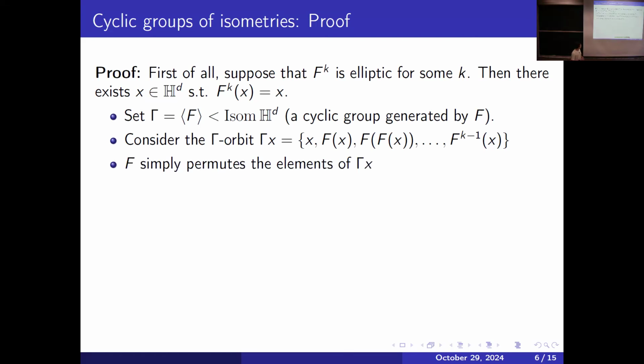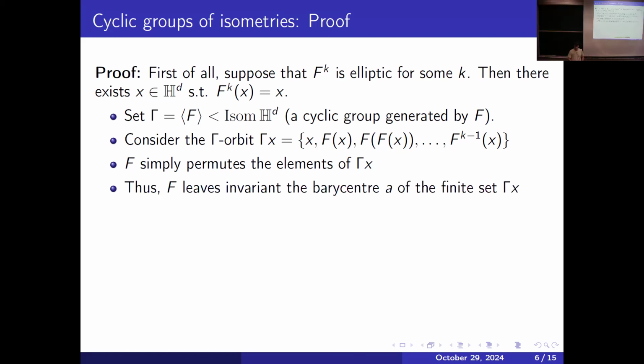And our isometry f simply permutes the elements of this orbit. So the entire orbit definitely stays invariant under the action of gamma, obviously, and under the action of f in particular. Okay, thus f leaves invariant the barycenter A of the finite set gamma x.